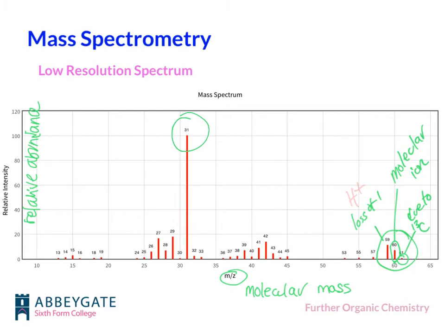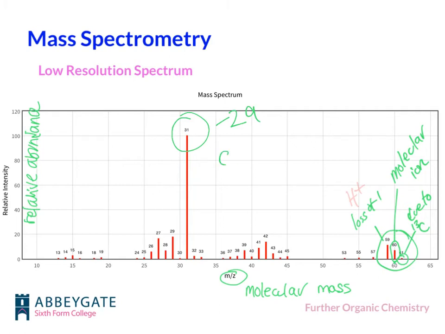If you can see its molecular mass is 60, but our most stable fragment is 31, you can start to think, well, what could 31 be? What has it lost? It's gone from 60 down to 31, so it's minus 29. And you can start to think, well, what could a molecule lose that would add up to 29?